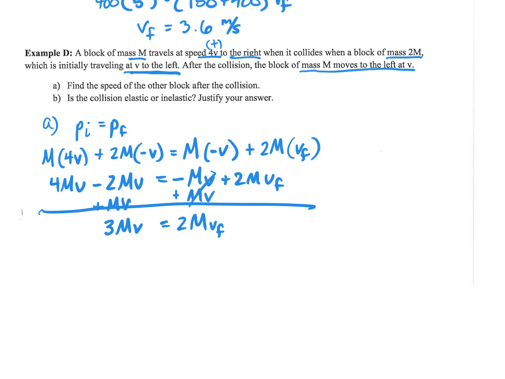What am I solving for? I'm looking for the final velocity, right? So if I want final velocity by itself, what do I have to divide by? 2m. M goes away. So the final velocity is equal to 1.5 times v, isn't it?